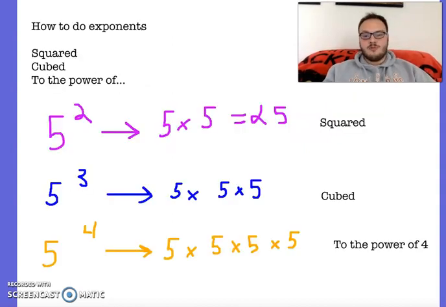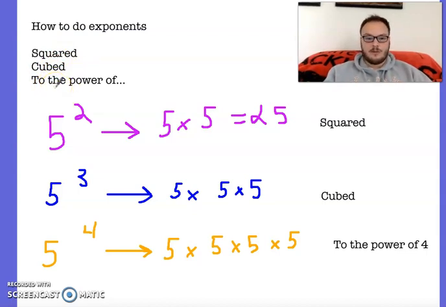So, how to do an exponent. You might have heard me talk about exponents before, but it's really not that hard. You might hear the terms squared, cubed, or to the power of. This is just telling me how many times I'm multiplying the number. Anytime you hear squared, just know that it's got a little 2 written next to it, cubed a little 3, and to the power of, it's whatever the power is.